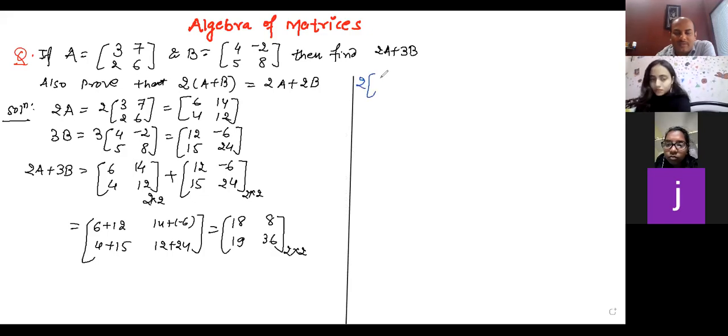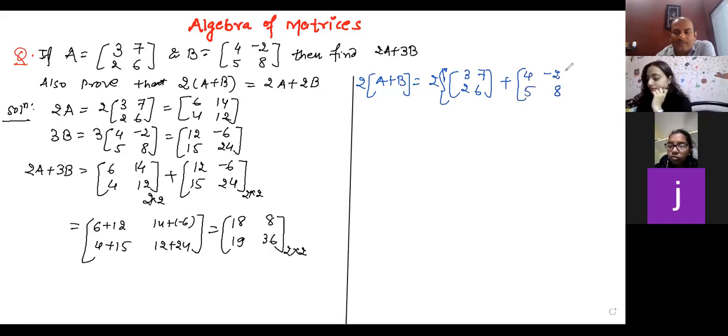So 2 times (A plus B) is equal to 2 times (3, 7, 2, 6 plus 4, minus 2, 5 and 8), which is equal to 2 times, adding directly, 3 plus 4 is 7, 7 minus 2 is 5, 2 plus 5 is 7, and 6 plus 8 is 14.